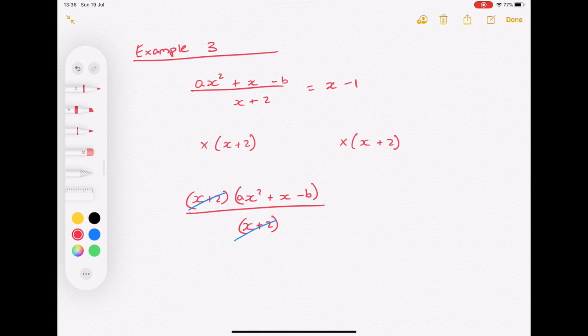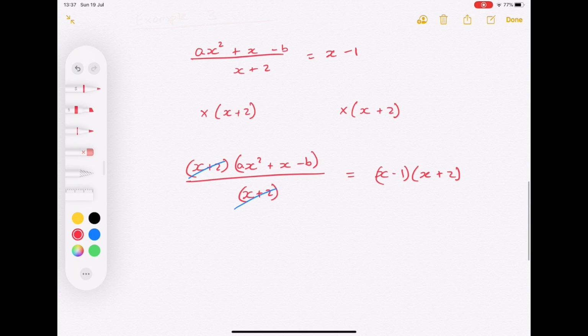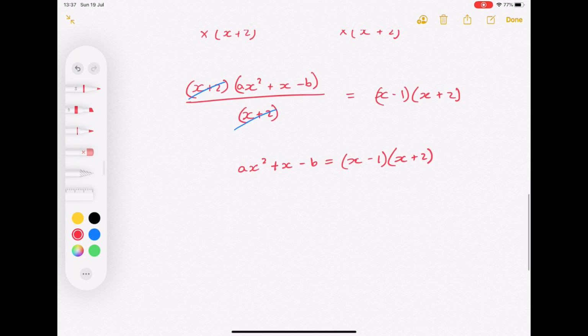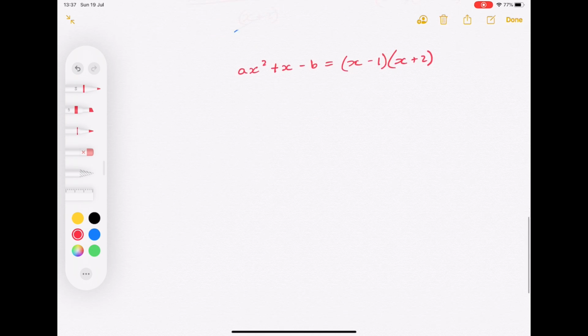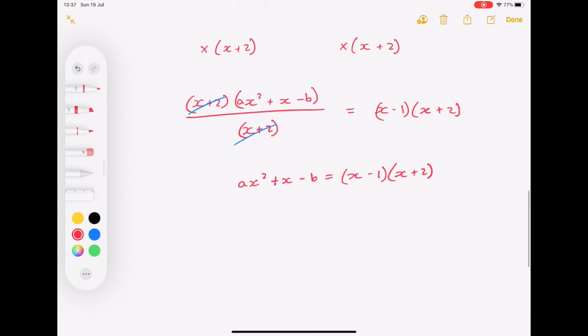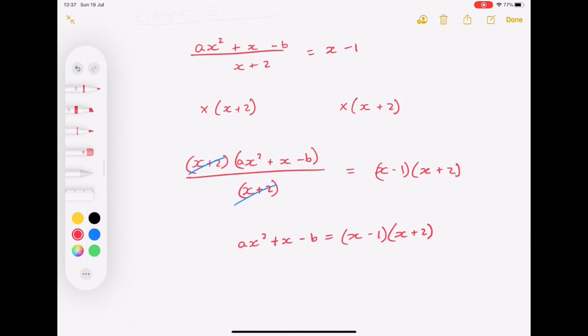These x plus 2's are going to cancel out, and what I'm going to be left with is just this equation here. And I'm just going to scroll up, actually pause it there if you want to have a look at that working out.